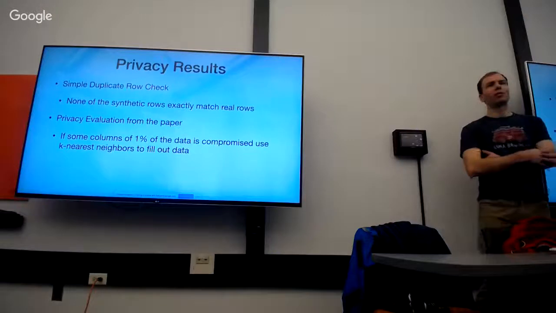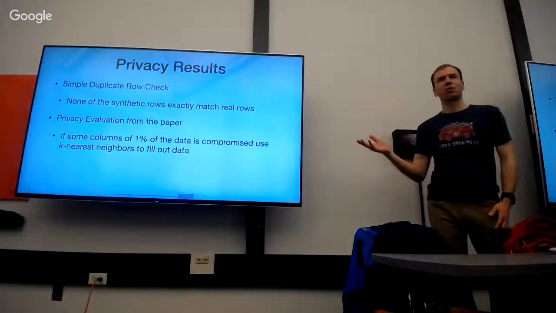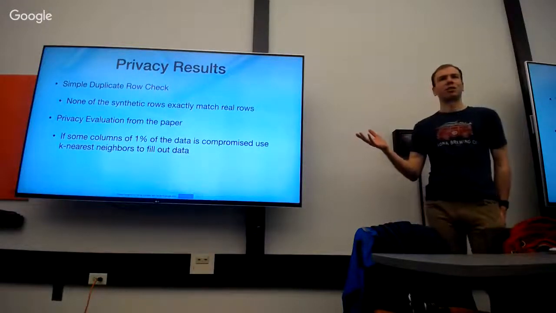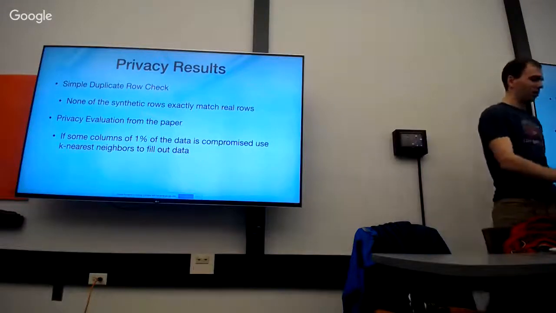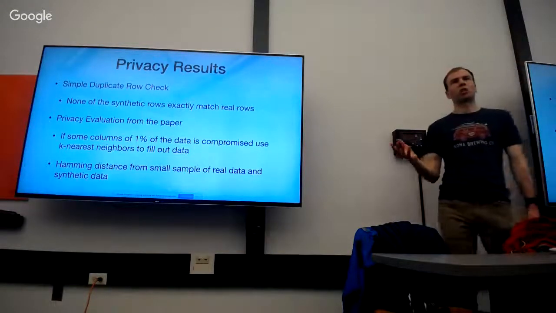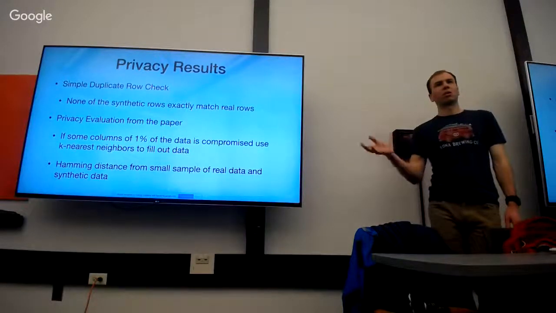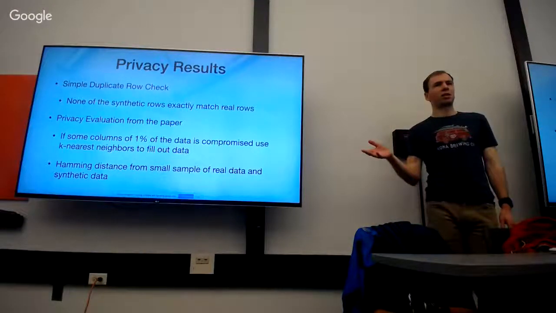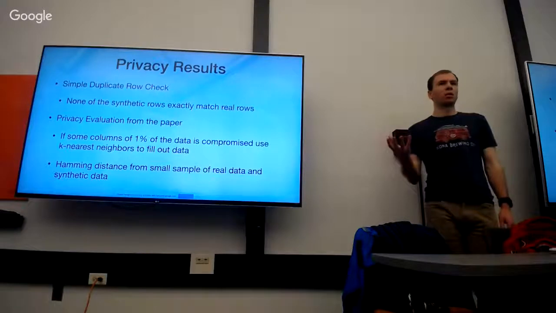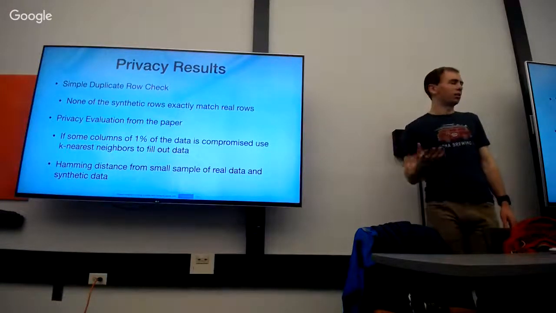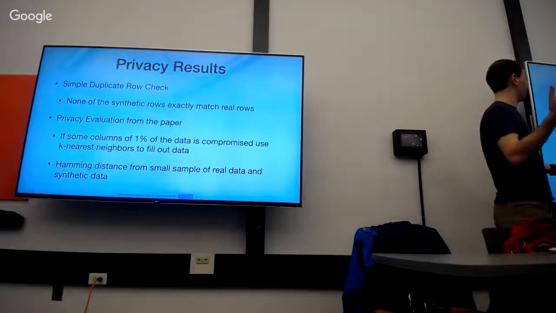There's a reason I haven't really gone through all these yet, because I don't necessarily think their validity is very strong. Another thing they did was take the Hamming distance of a small sample of the real data versus the synthetic data, which I also don't know what that proves, because somebody else could build their random generator of this data and also guess rows.